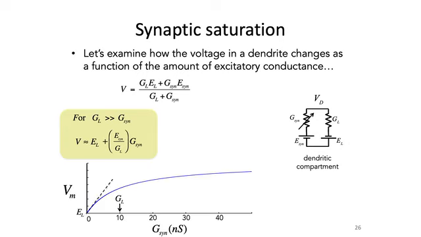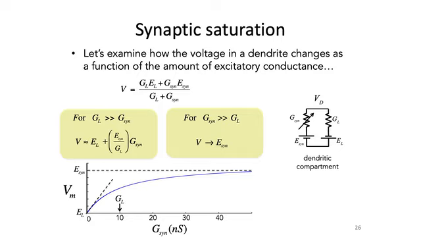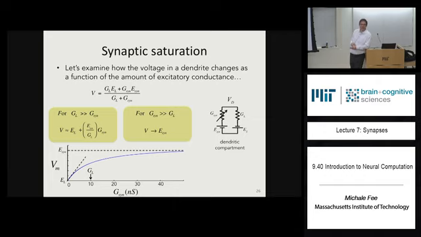And you can write down an approximation at high synaptic conductance, and you show that the voltage approaches E synapse. I'm not going to go through the math, but it's there. You don't have to be able to derive it yourself, but what I want you to understand is that for small synaptic conductance, the voltage responds linearly, but for high synaptic conductance, it saturates.